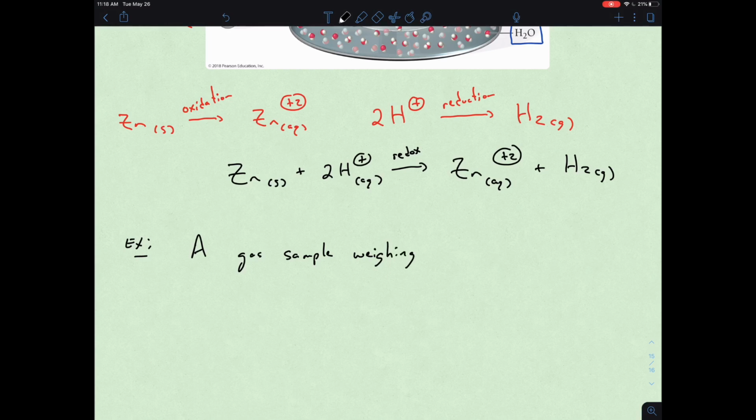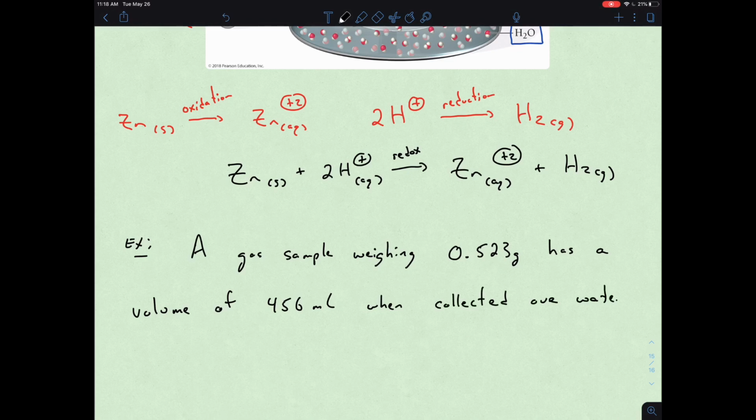So we have a gas sample weighing 0.523 grams, has basically a volume of 456 milliliters, when collected over water at 30 degrees Celsius and at a pressure of 725 millimeters of mercury.